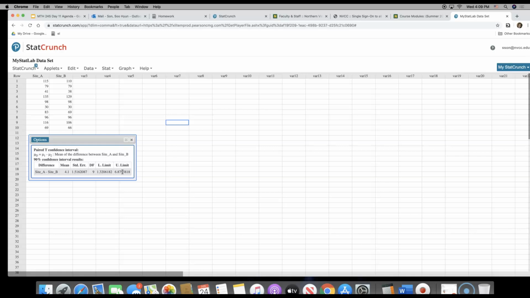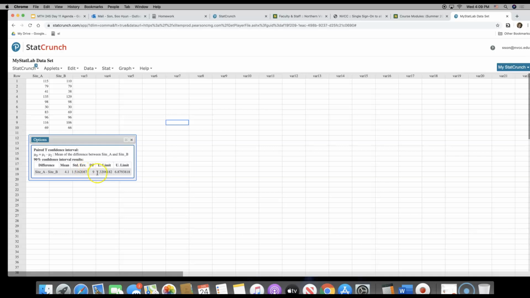So if you get 0, that means they are the same, they're not different. So whenever you create these confidence intervals to estimate the difference between population averages, you want to see if 0 is included in your confidence interval.